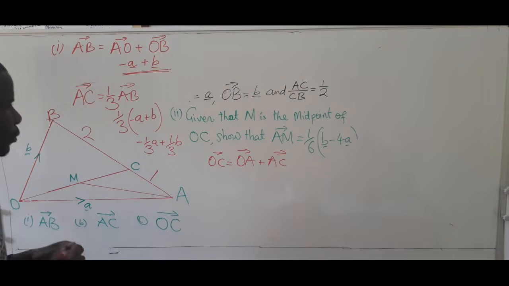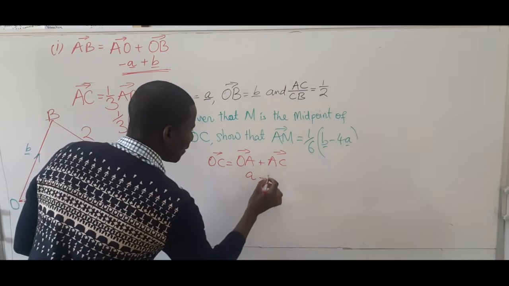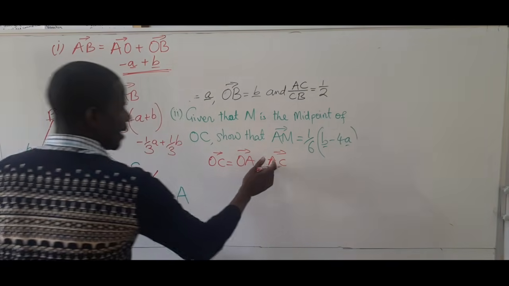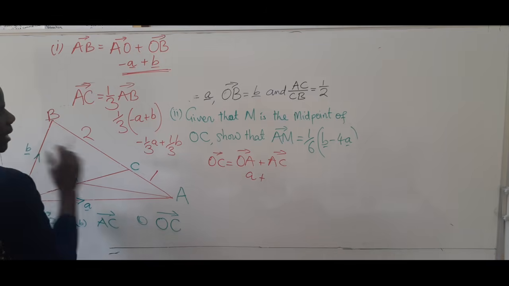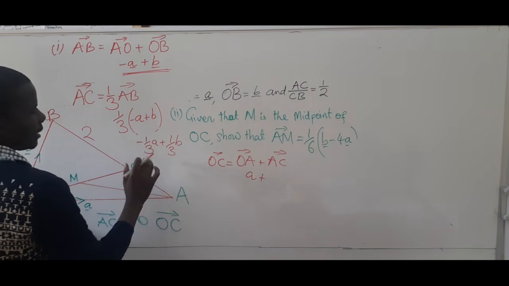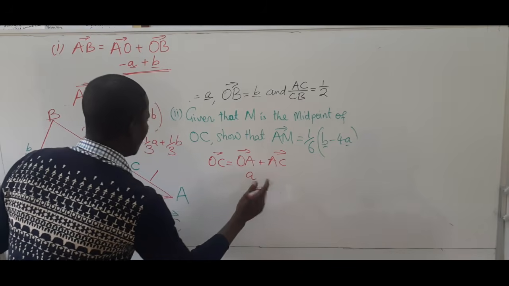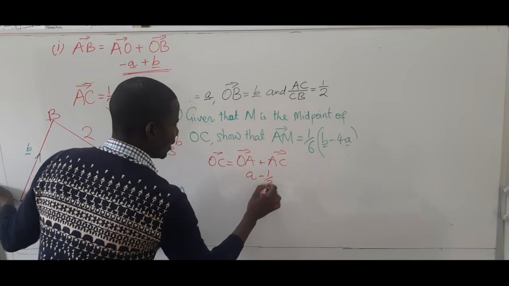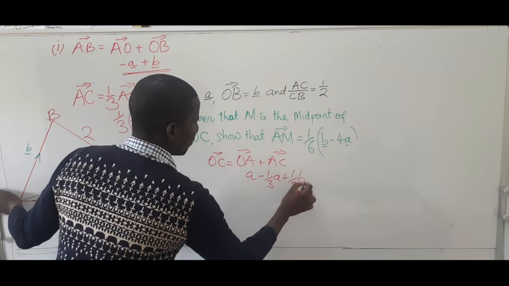Our OA is given here as A, plus our AC. What is our AC? Our AC is given here. So when you bring this part here, this is going to be minus 1 over 3A plus 1 over 3B.